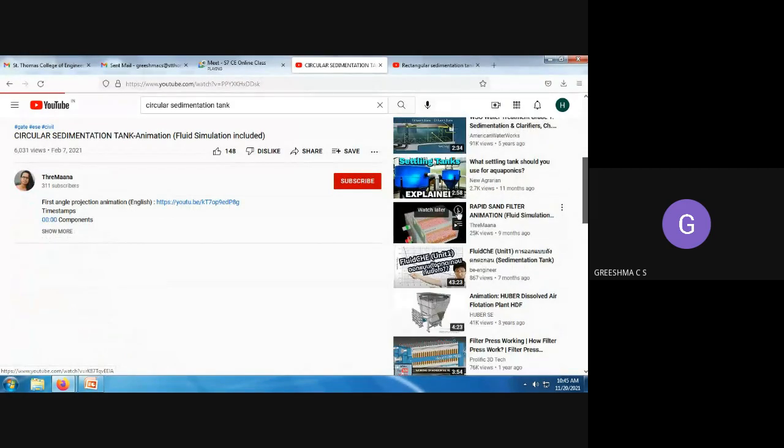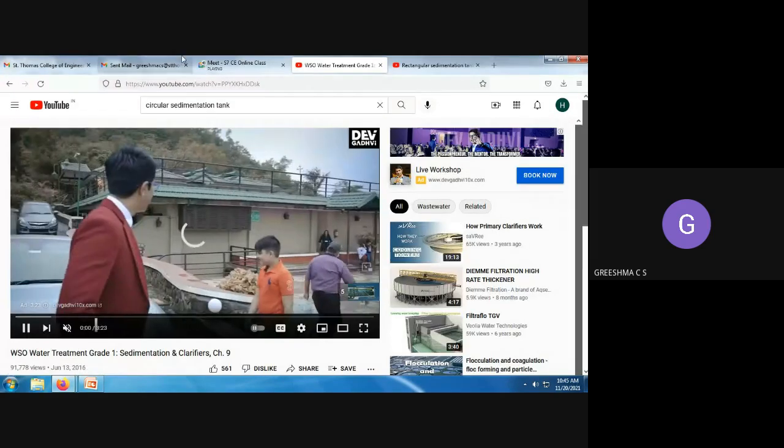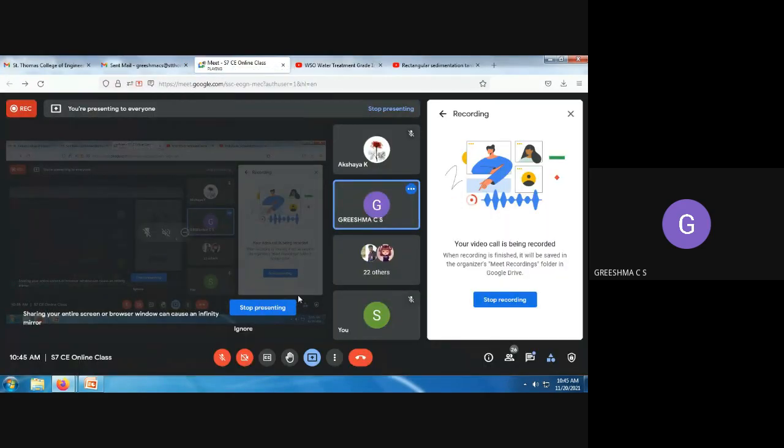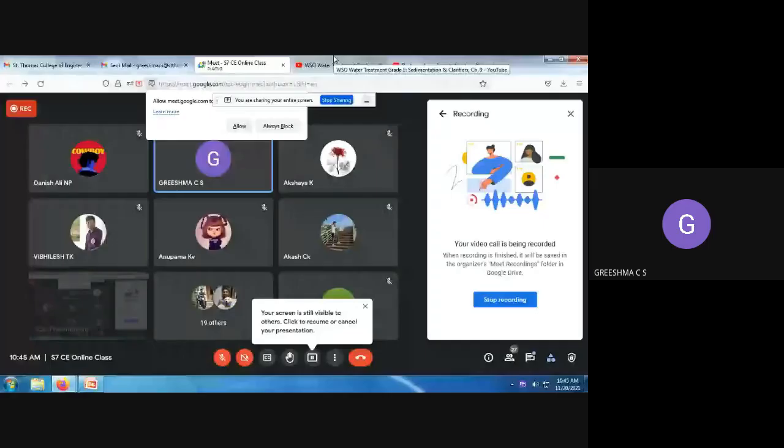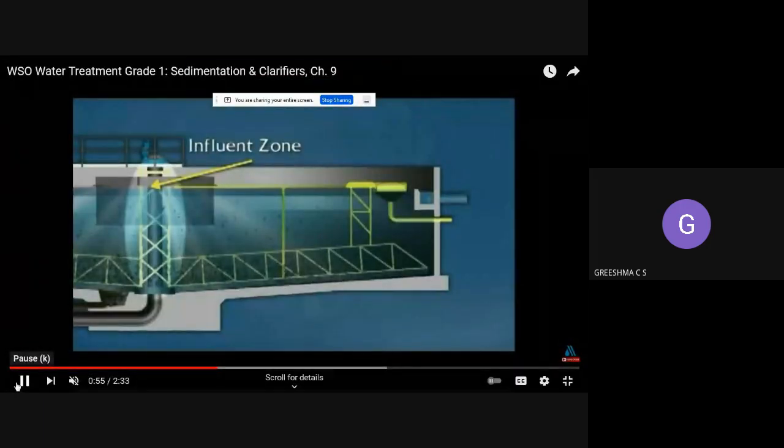So next I will show you the rectangular sedimentation tank also. So here we can see the rectangular sedimentation tank.